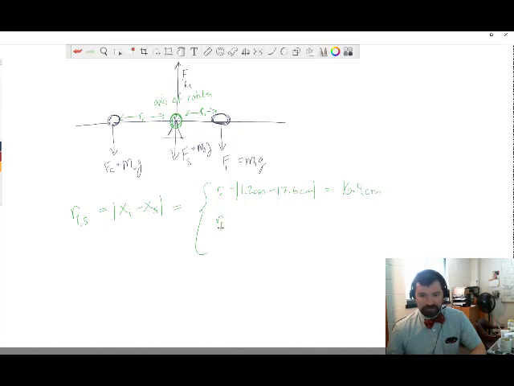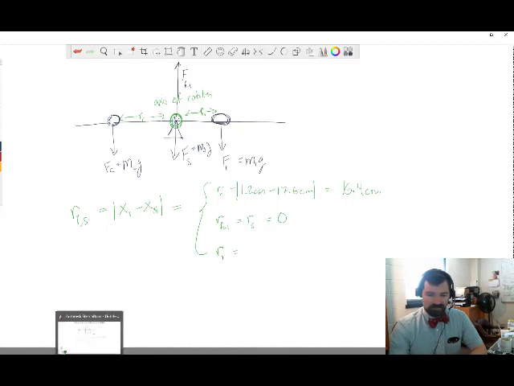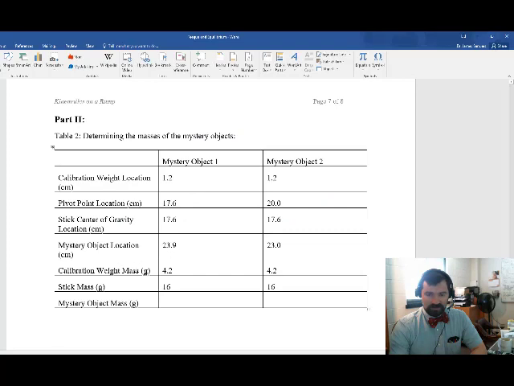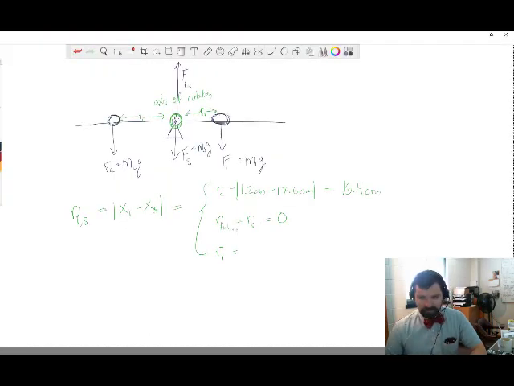All right, our fulcrum and our stick both end up being 0 because they're both at the axis of rotation, and then r1 ends up being the position of the unknown weight, which is listed right here as 23.9 centimeters. Okay, so we have 23.9 minus 17.6 centimeters. Oops.